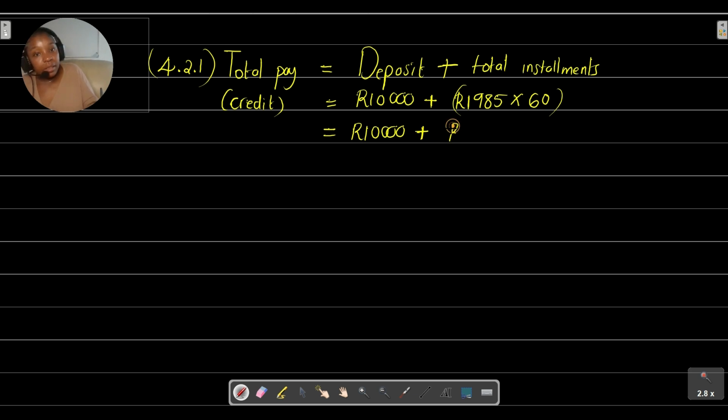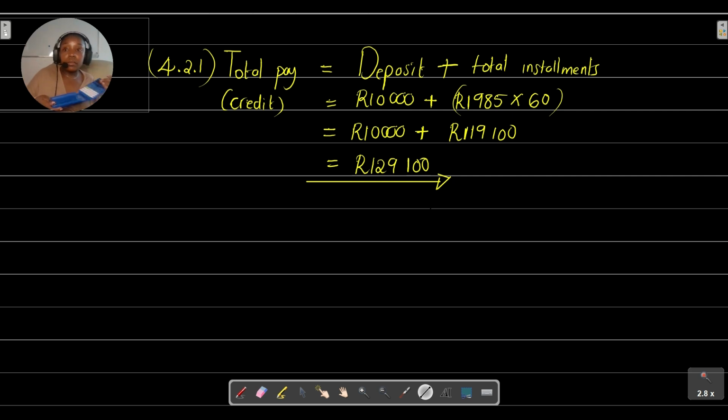You get 119,100, and therefore if you punch this into your calculator, 10,000 plus 119,100 gives you 129,100. So if he actually decides to buy this car on credit, he'll be paying 129,100.